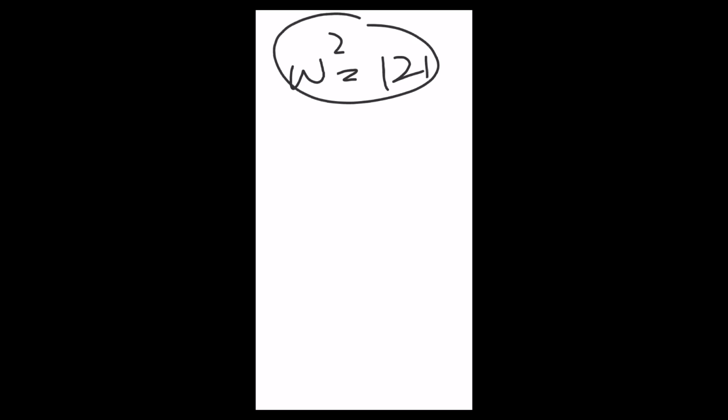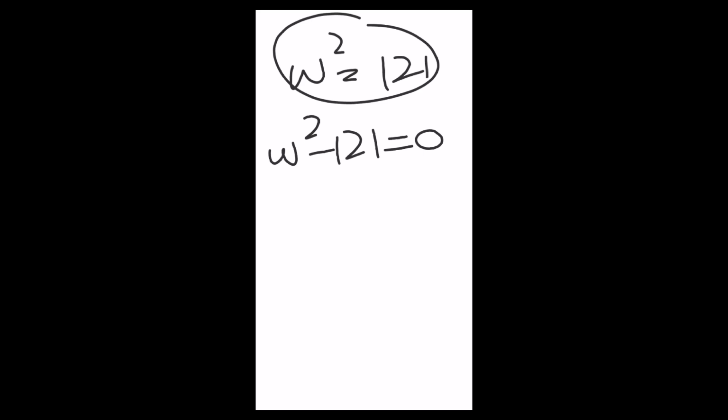Now, another example, which seems to be simple. That equation is not in standard form. So I'm just dragging my 121 to the left hand side, and it will become w square minus 121 equals 0.